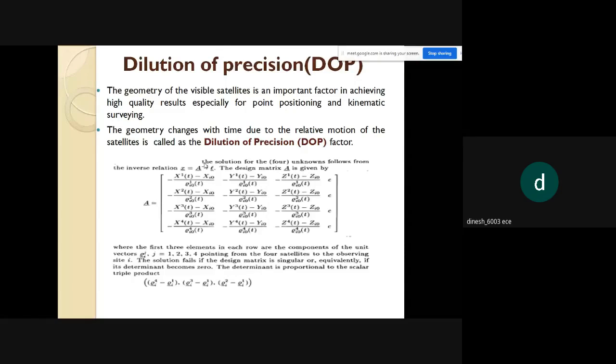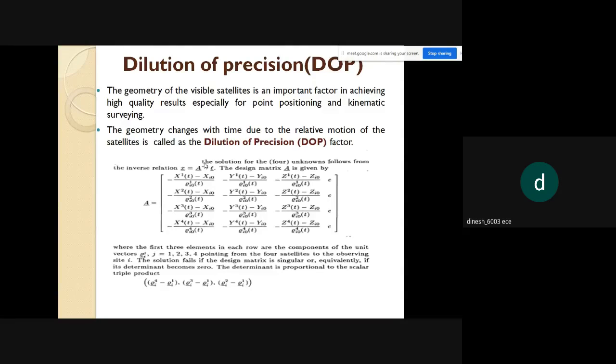Next is DOP, the dilution of precision factor. This DOP is an important parameter in determining any positioning, static or kinematic. The geometry of the visible satellites is an important factor for high quality, especially for point and kinematic surveys.